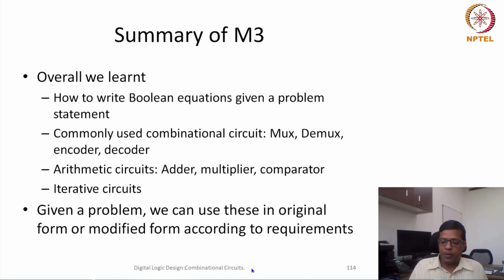As an end goal of this particular module, we should be able to attempt a digital design problem with combinational logic.